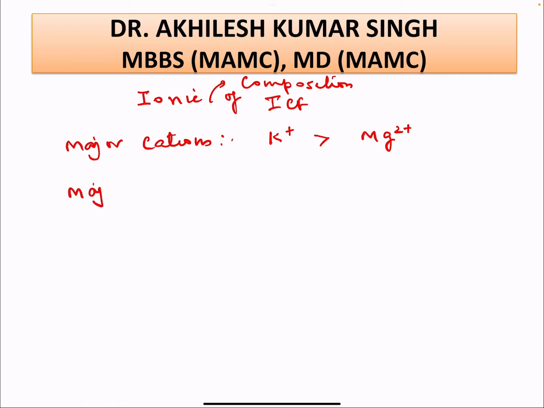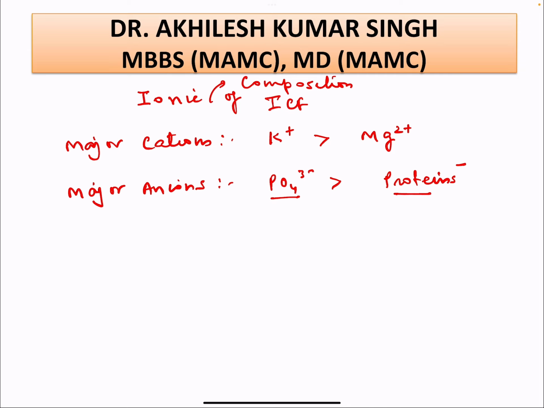The major anions of the ICF are the phosphate anions and the intracellular proteins, which are present in the anionic form. Out of the phosphate and the proteins, phosphate is in more concentration than the proteins.